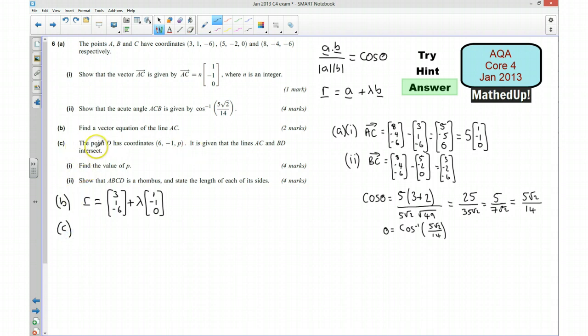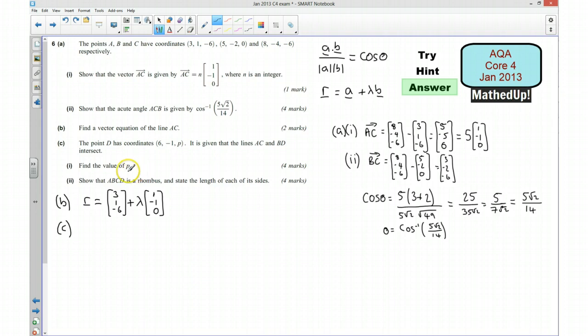This time we are given that point D has coordinates 6, negative 1, p, and we're also given that the lines AC and BD intersect each other. So we want to use that information to find the value of p.